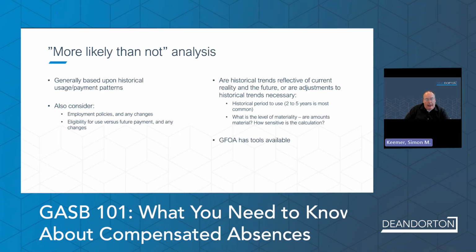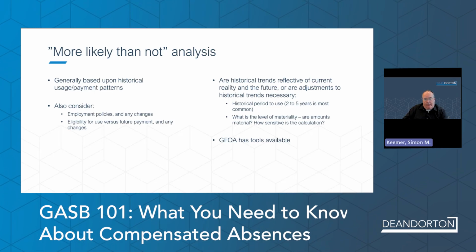Each type of leave should have its own analysis, so that you can say, okay, generally, based upon my analysis, my vacation pay has a usage of about 60%. And so of the vacation hours accrued at the fiscal year end, 60% of that is going to go into the accrual. My sick pay, I only have about a 25% usage on that.